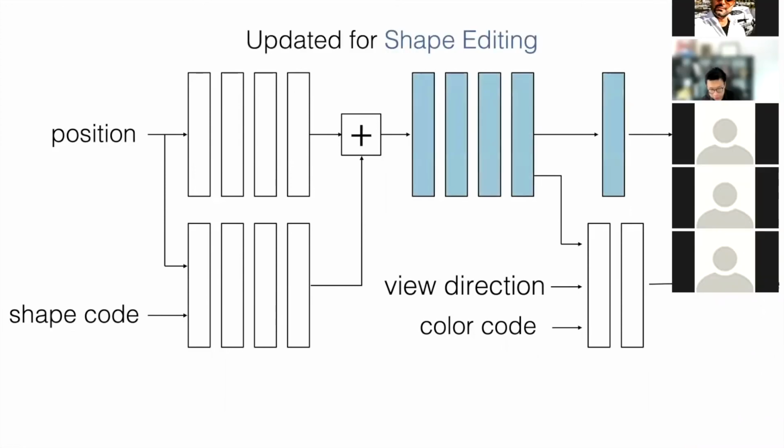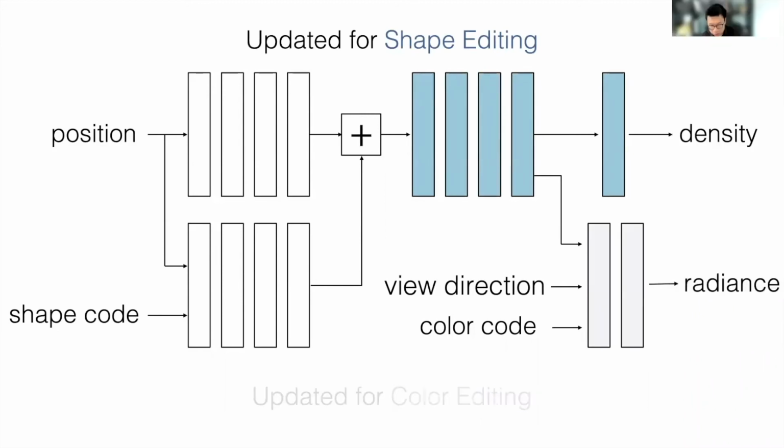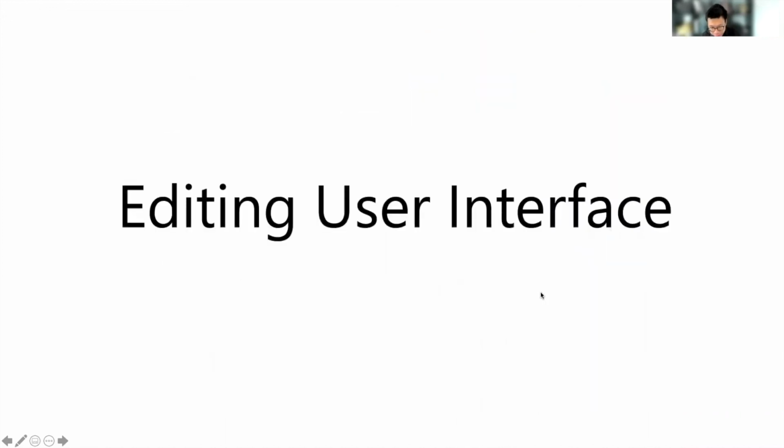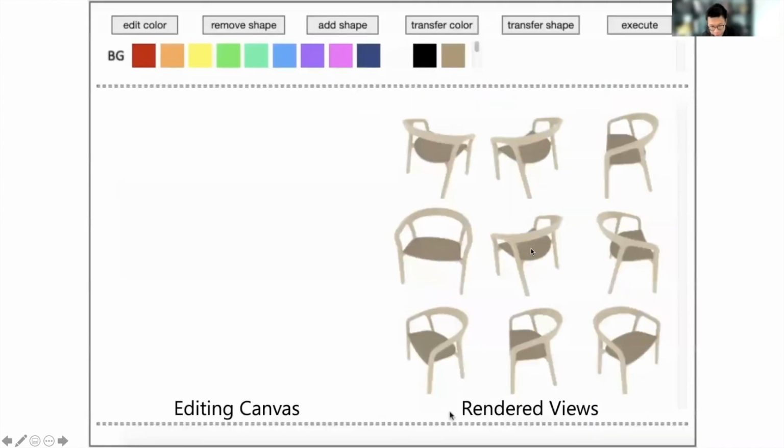We can modify certain layers for shape editing and certain layers for color editing, and this allows us to change the NeRF weights based on the user's edits. Okay, and here is our interface. Here, I'll show some examples.